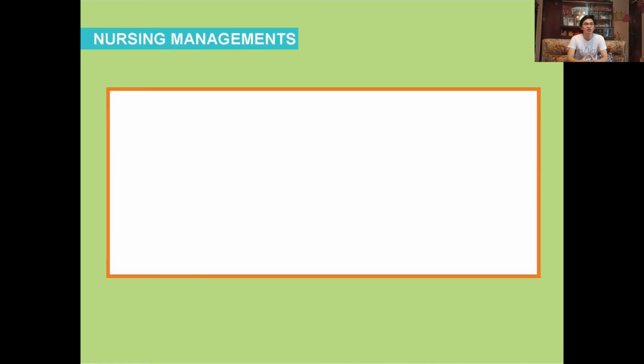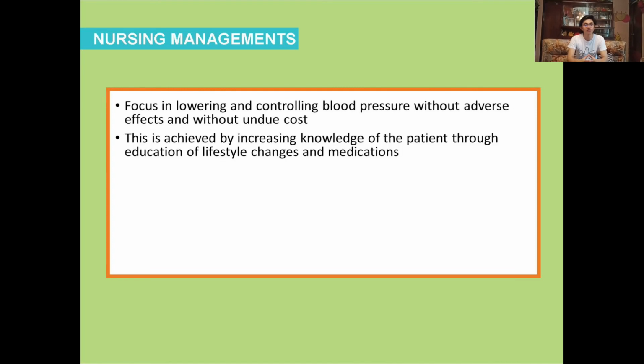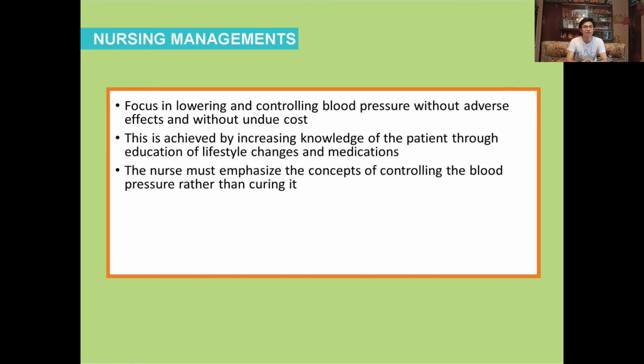In nursing management, focus on lowering and controlling blood pressure without adverse effects and without undue cost. This is achieved by increasing knowledge of the patient through education of lifestyle changes and medications. The nurse must emphasize the concepts of controlling the blood pressure rather than curing it.